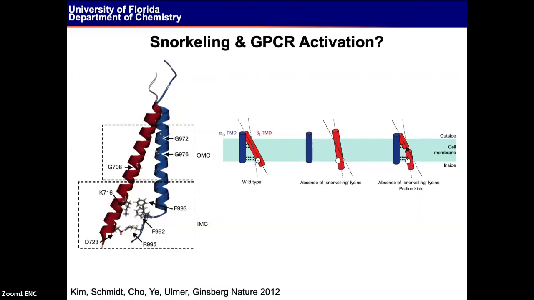This is just a current hypothesis of what might be going on. But if it's true, it would be a completely unique idea for understanding GPCR activation and would in some ways be a very universal observation, applicable to potentially hundreds of GPCRs.